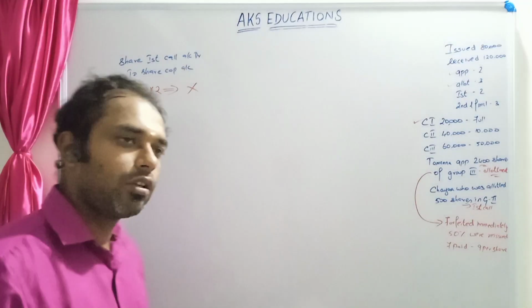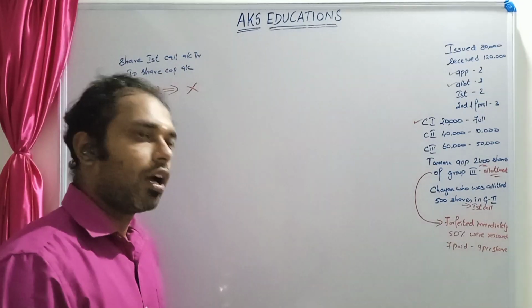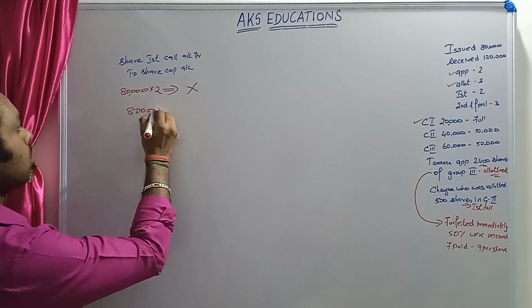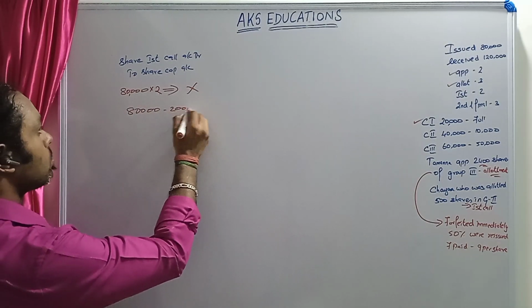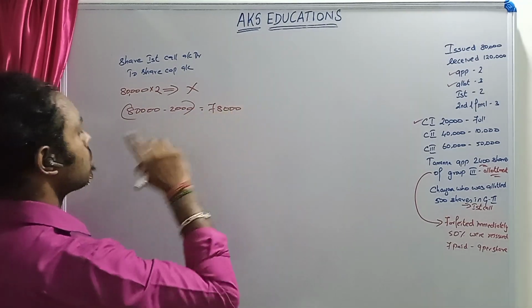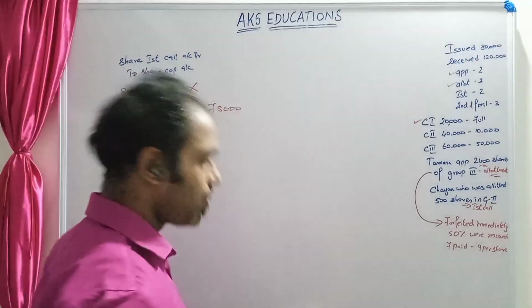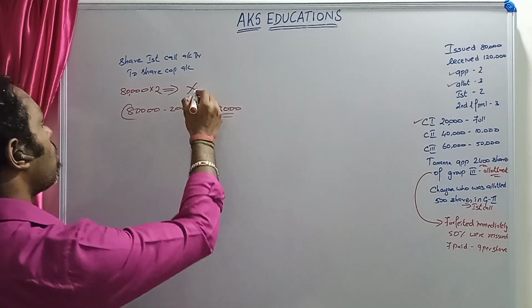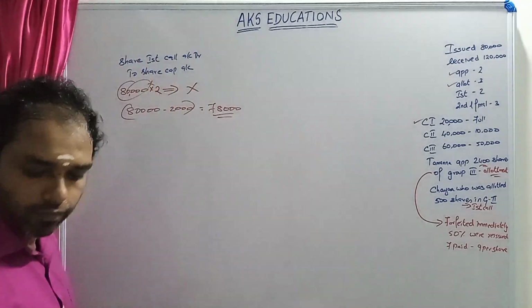Because previously you would have forfeited 2,000 shares. So you have to do 80,000 minus 2,000. That gives you 78,000 only, because you forfeited Tamana's shares. Okay, so now the issue value will be 78,000 only, not 80,000.